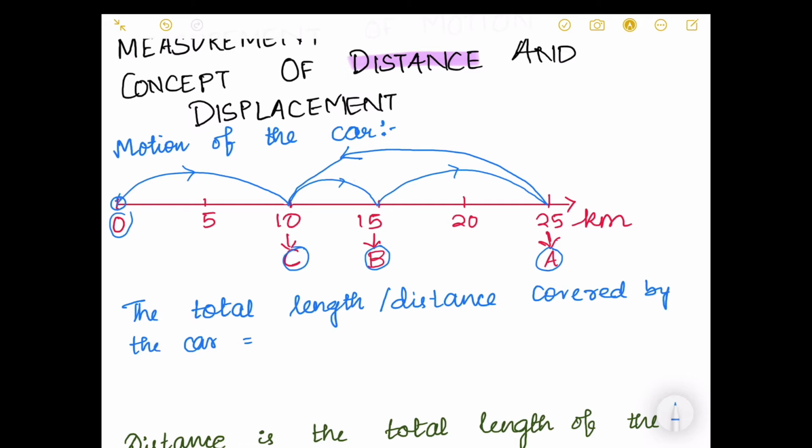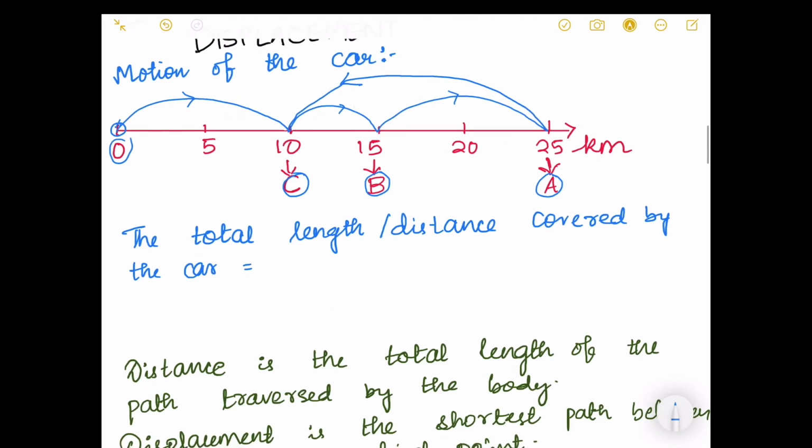Now from here we can note that the total path length or the distance covered by the car is OA plus OC, which is equal to 25 km plus 15 km, which is equal to 40 km.